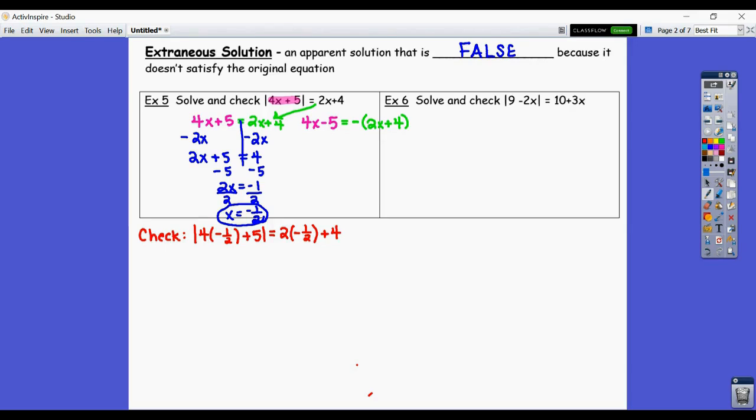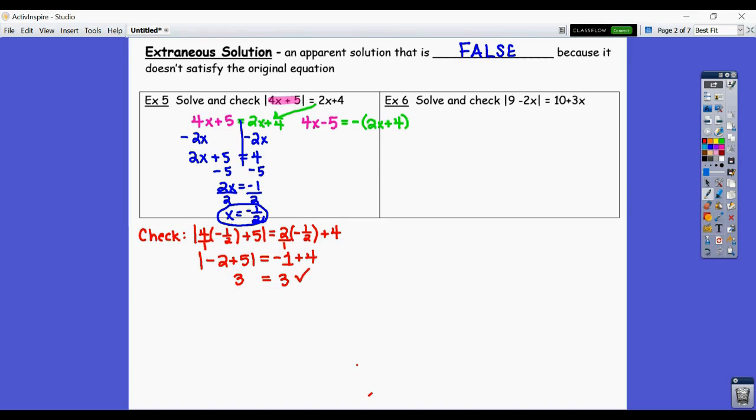From here, we go ahead and solve. 4 times -1/2. Remember, 4 can be written over 1 to make that a -2 plus 5 equals, remember, 2 can be written over 1, giving me a -1 here plus 4. -1 plus 4 is 3. -2 plus 5 is absolute value of 3, which is 3 there.